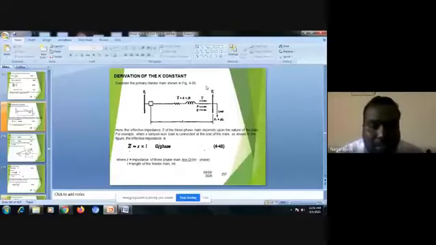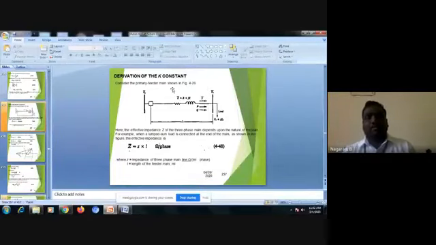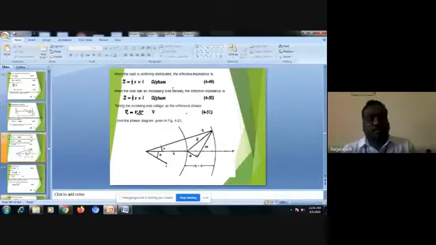Depending on the length of this particular feeder, you need to have that. So the effective impedance is equal to Z into L, where Z is the already existing impedance and L is the length.